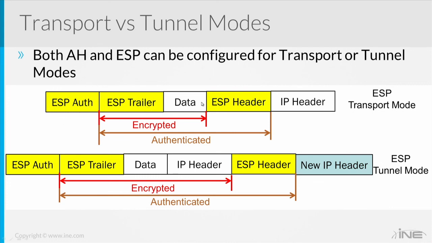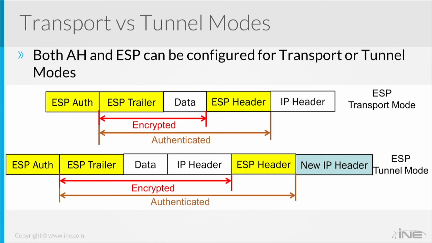And you can see here with ESP, if I do encryption, the data and the trailer are encrypted. Now that's if I'm doing transport mode. If I'm doing tunnel mode, now my original IP header is encrypted along with the data and the trailer, because I now have a new IP header to get this packet routed through the IPv4 network.